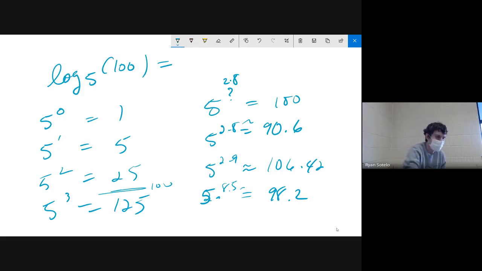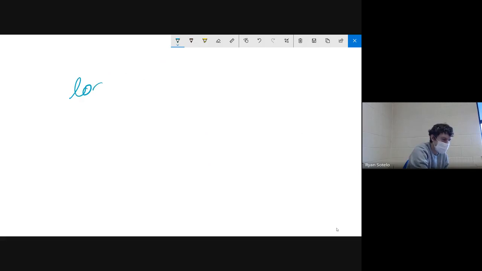So how would we do it exactly? Log base 5 of 100. Well, you don't have a log base 5 on your calculator, but there is a change of base formula. This is the same as any log you want. It could be log base 2, log base 10, or natural log, which is log base e.